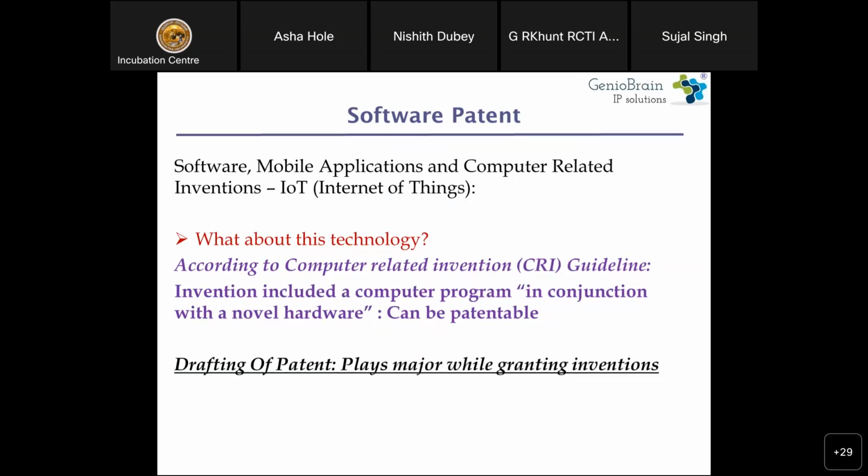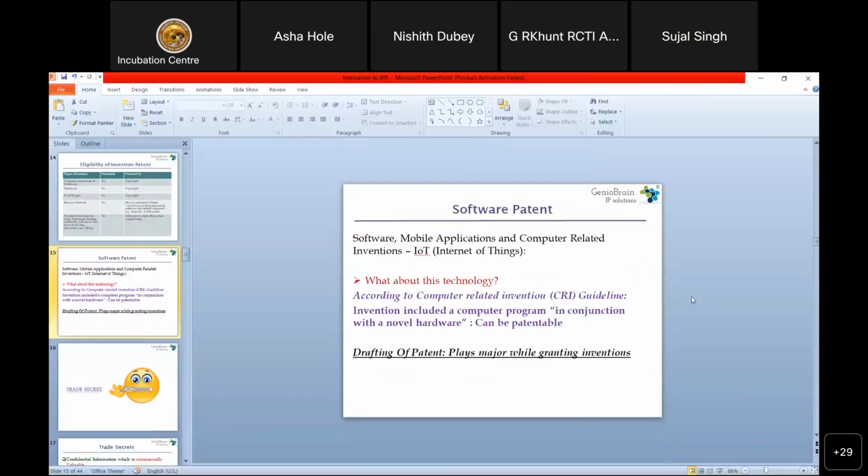That's why I am discussing this. Software is not patentable in India, but a number of software-related patents have been granted by the Indian Patent Office. By drafting your patent application properly, you can get a software patent also, but it depends on the type of invention. This is very important for researchers and scientists who are focusing on creating their own startup.